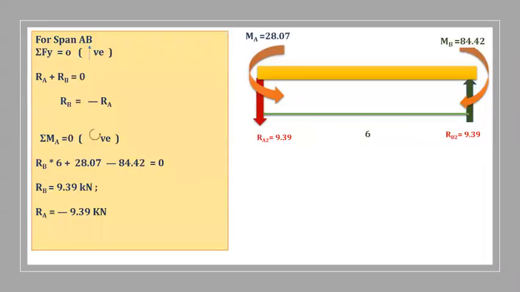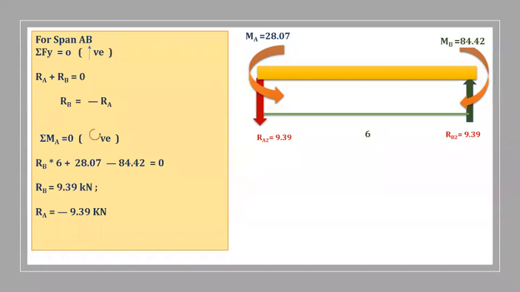Right, for these moments, get the support reactions. The previous one I took was the upward side. Next, the support reactions due to the fixed end moments, by considering only the support moments.